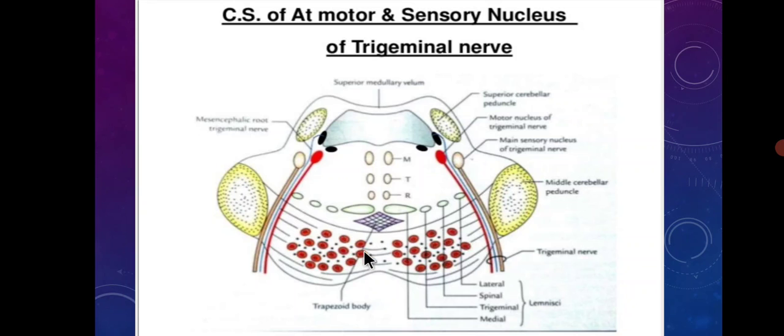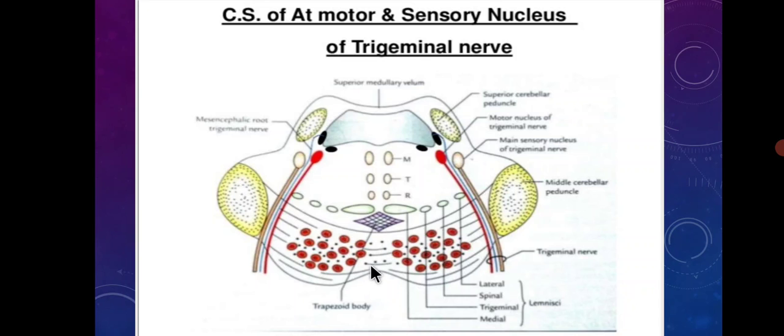These are the corticopontine fibers that relay in the ipsilateral pontine nucleus. Then these are the corticonuclear fibers that terminate in the contralateral nuclei, and some are the corticospinal fibers that go downwards through the lower part of the pons and form the pyramid of the medulla.